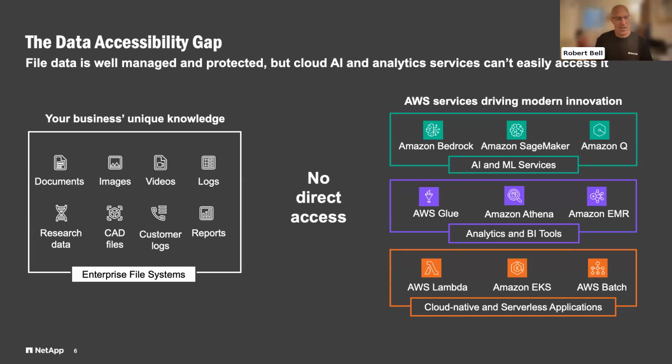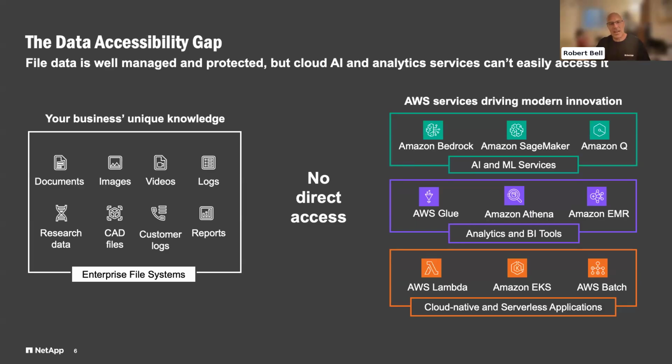And when it comes to accessing a file system, that can be a challenge. That does often require copying files into an S3 data lake, creating these data lakes, sometimes doing ETL, or transforming the data into a format that can be processed by the services.